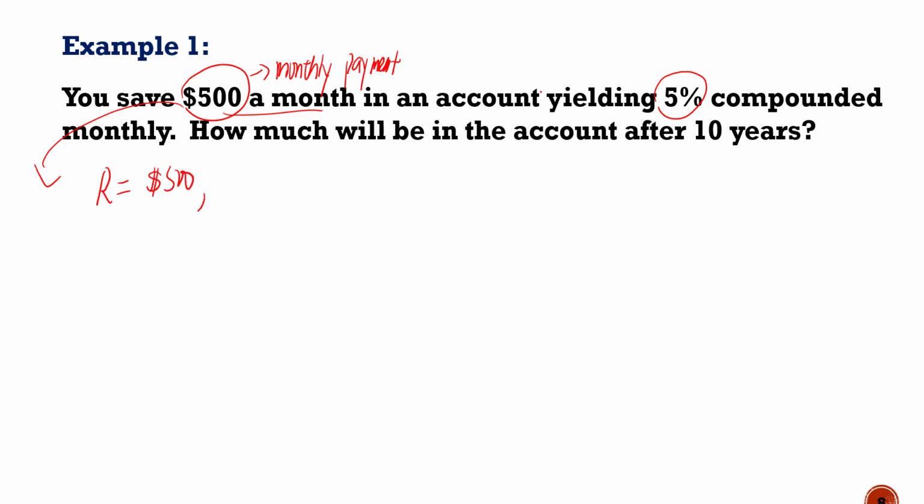We also have an interest rate of 5%, compounding monthly, which means n equals 12. How much will be in the account after 10 years? So now you're looking for the future value of the annuity, because the amount is indicated in the future.